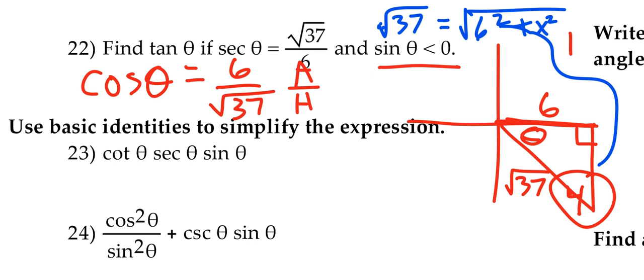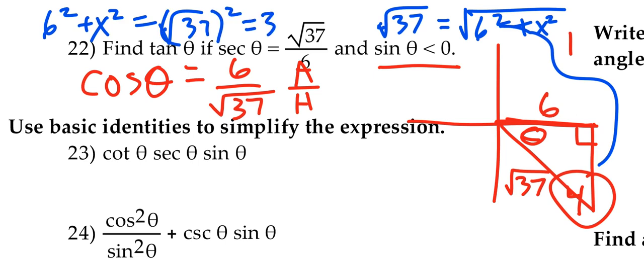I don't know, I'm losing my mind here. 6 squared plus x squared equals radical 37 squared, which is 37. So, no, it's not 3, 2, 1. What value do we get over here?